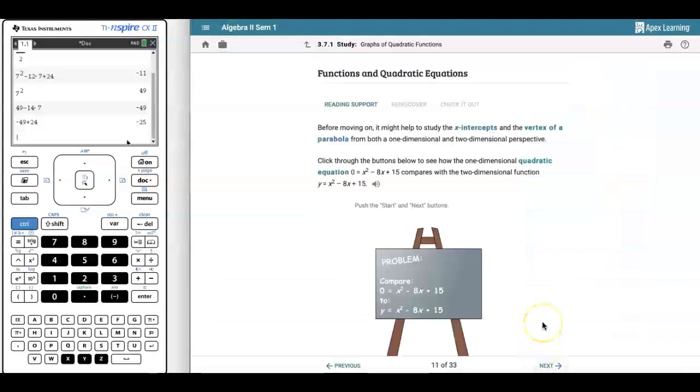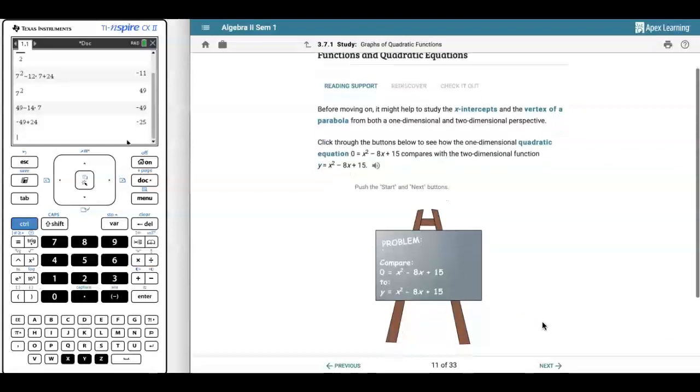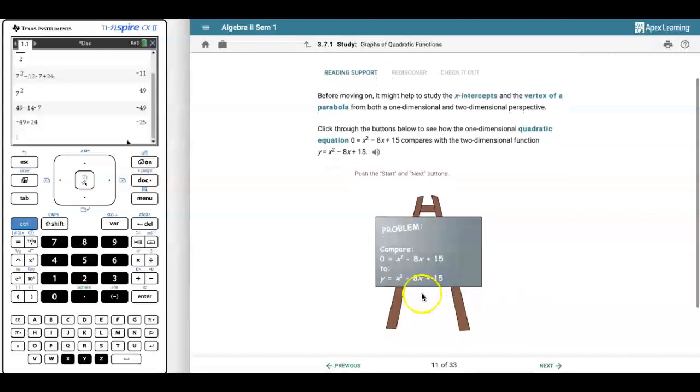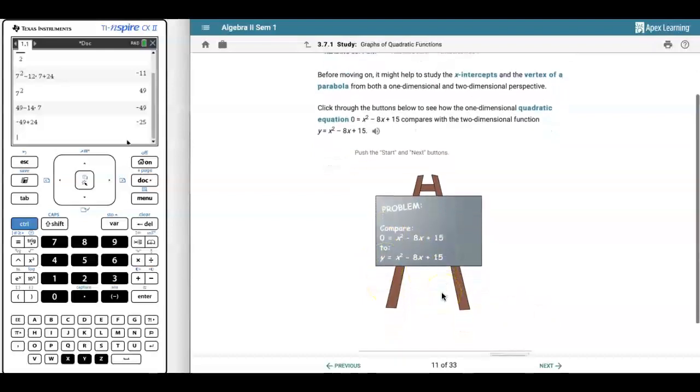All right, so before moving on, we're going to show just a couple quick clarifications to help with the x-intercepts and the vertex. So showing the difference between if I have this equal to 0 and I have this equal to y, and that's going to show you the difference between a one-dimensional equation versus a two-dimensional.